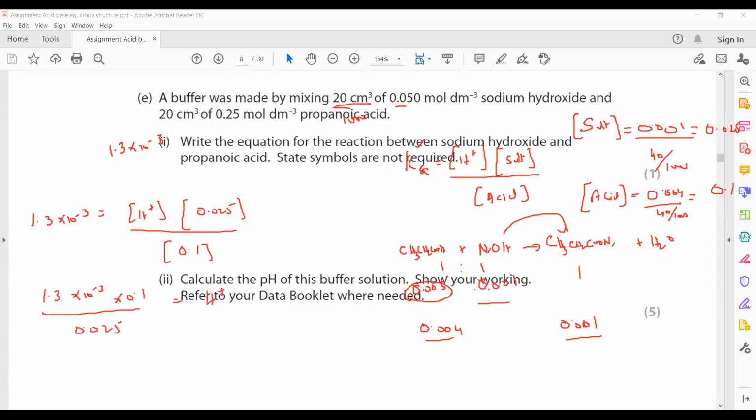What is the hydrogen ion concentration? 5.2 exponent minus 3. That is the hydrogen ion concentration, but you need a pH. pH is equal to minus log of hydrogen ion.